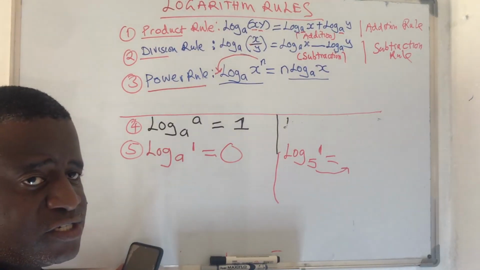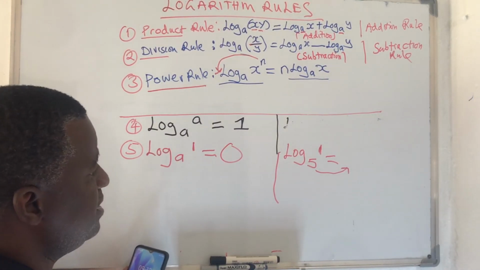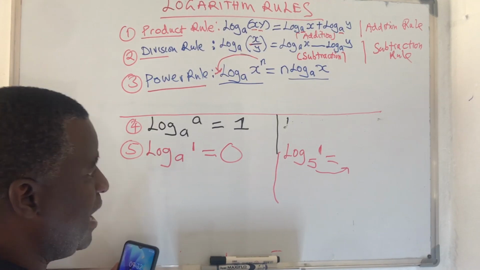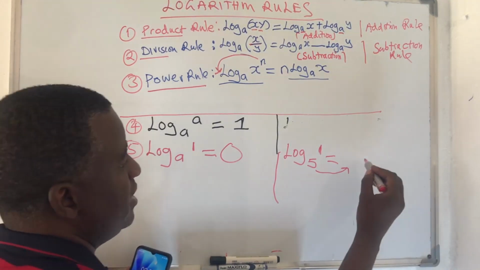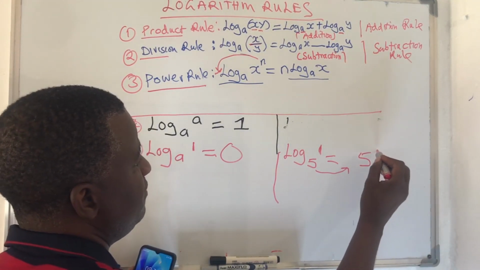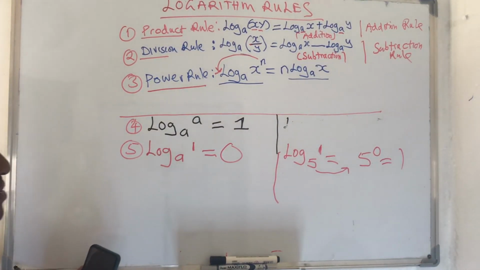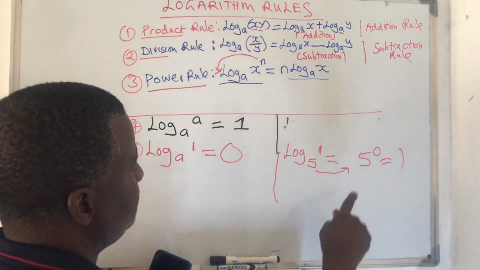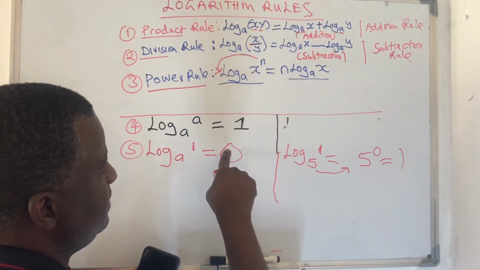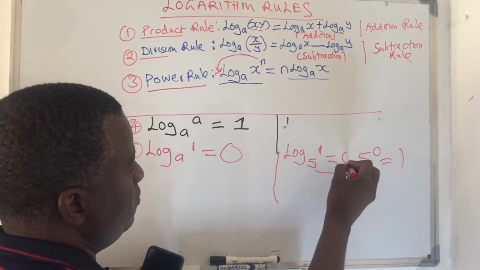And we know according to indices that any number raised to the power 0 is 1. So you're going to say 5 to the power 0. So this will give you 1, isn't it?